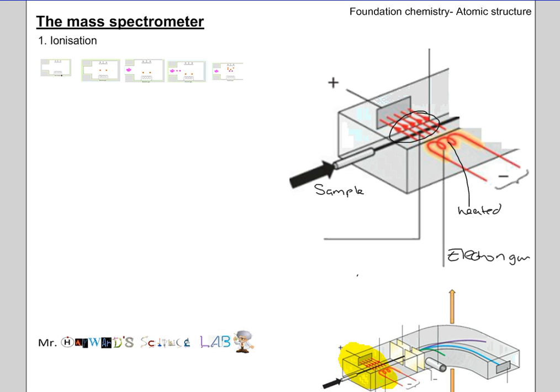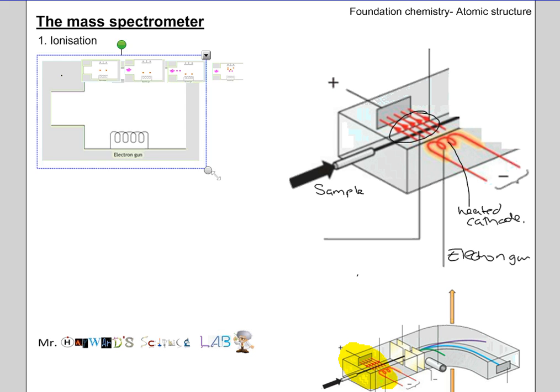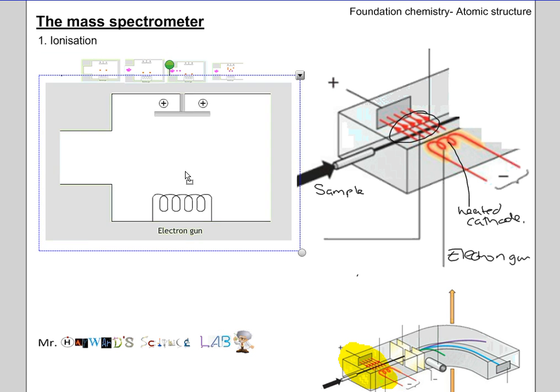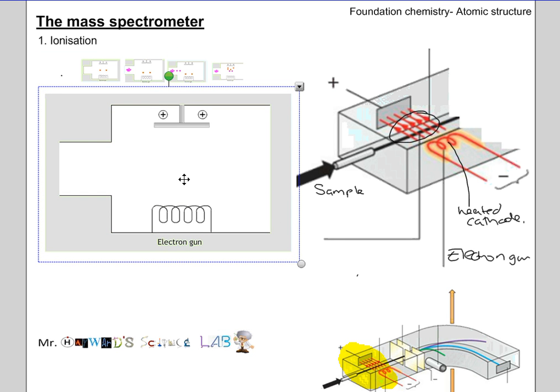That's the main part of the electron gun. So the first stage we're going to look at is actually before we put anything in. As you can see here, we've got the electron gun. Our sample is going to go in here, and this is, like I say, before anything's happened. So that's what it looks like to start with.